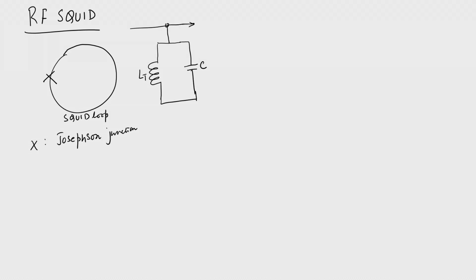It is driven by an RF current. There is an RF current that flows into this circuit, and so there is an output which can be obtained from here. LT is the inductance of the tank circuit and C is the capacitance.